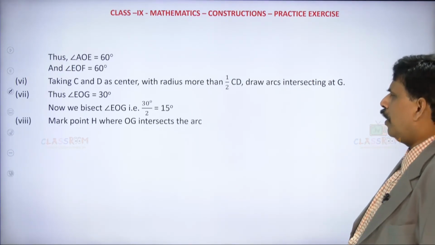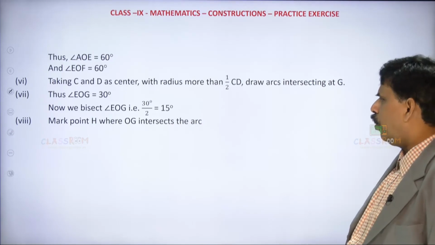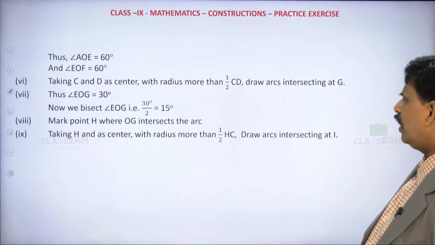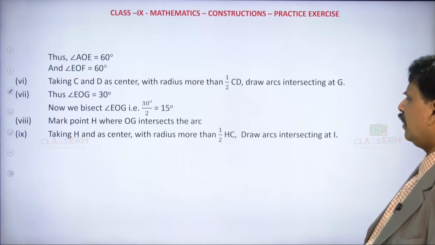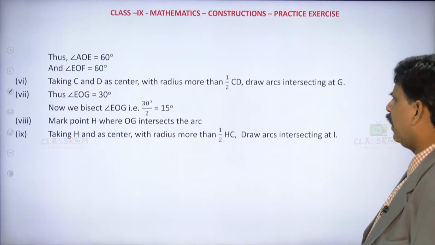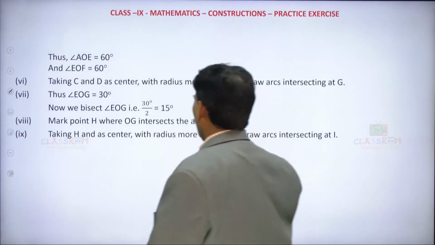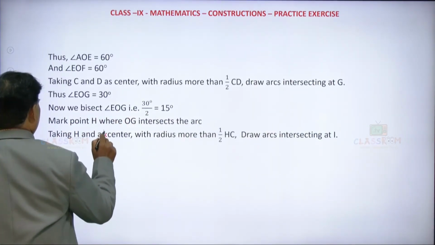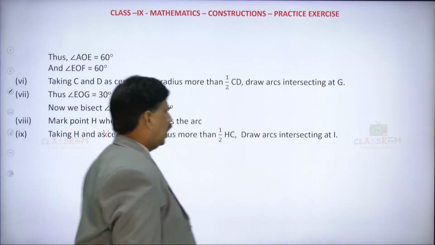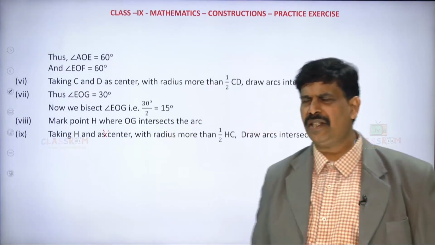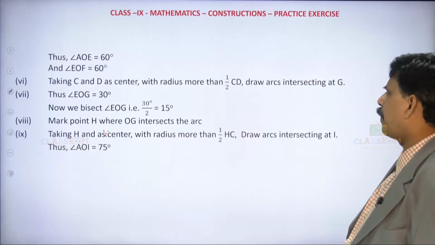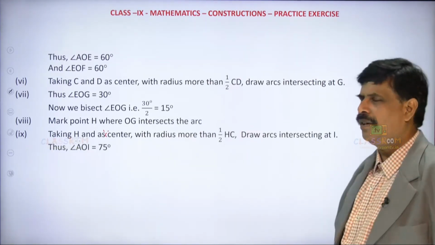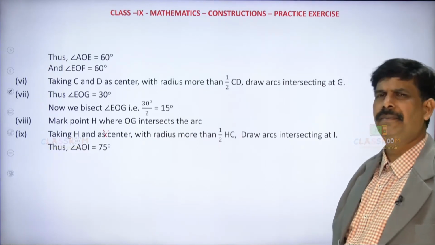Mark a point H where OG intersects the arc. Taking H and C as centers, draw arcs with radius more than half HC, they intersect at I, such that angle AOI is 75 degrees. Is it clear?